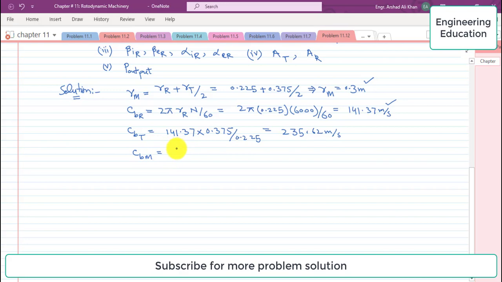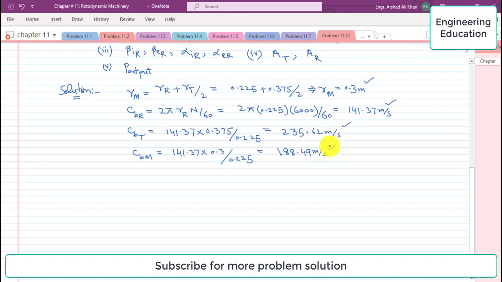So for this, again we will multiply the blade velocity at root, which is 141.37, multiplied by the mean radius 0.3, and the radius at the root is 0.225. So from this we will get the blade velocity at mean radius, and it comes out 188.49 meter per second.